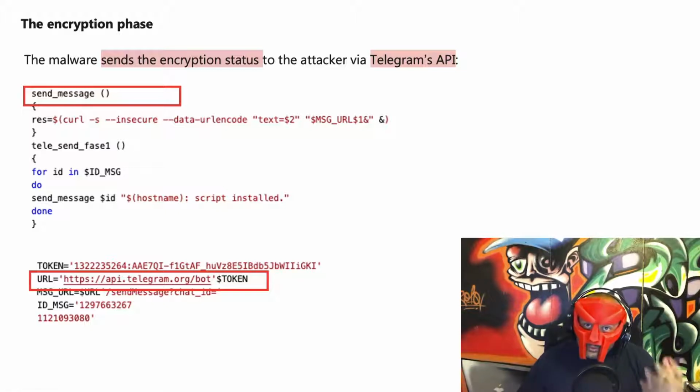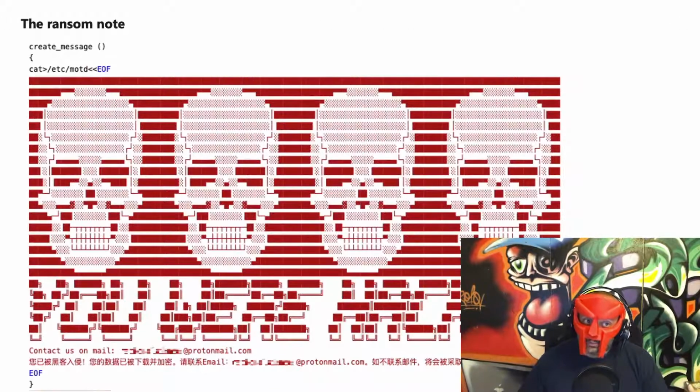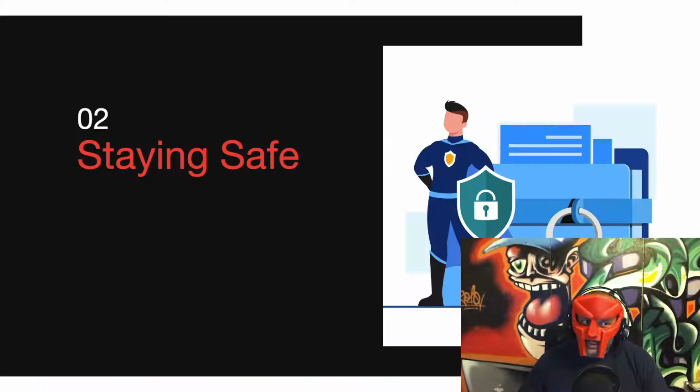So once this script finishes encrypting and communicating with the command control server, then you get your ransom note, saying you were hacked and follow whatever instructions, blah blah blah. So with all of that, how do we stay safe?